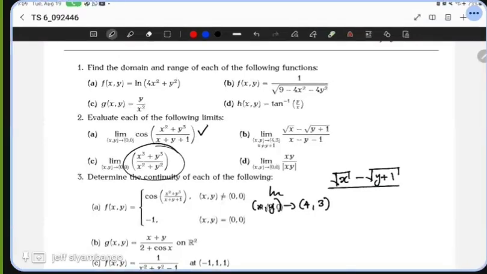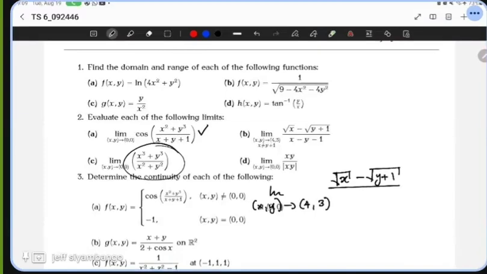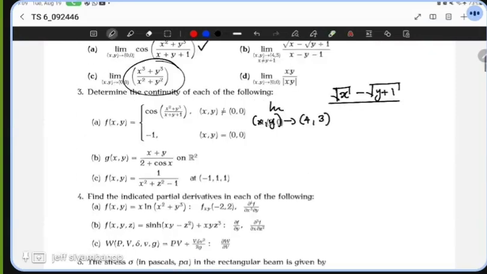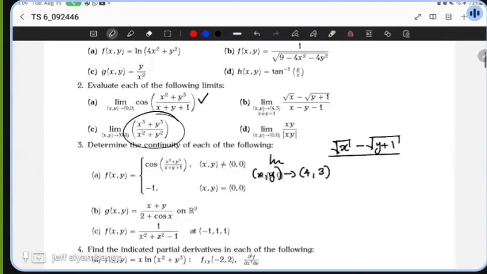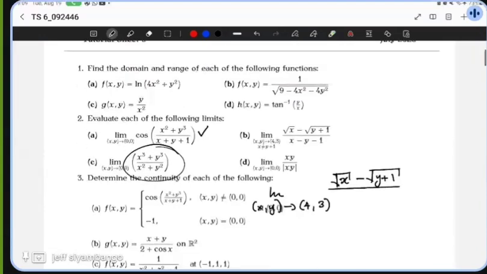Okay, so what do we have? We can pick, let me see, do we have the ones that require us? You have to be very careful here. Some of these expressions, if simplification cannot work, then we have to see if we can show that the limit actually doesn't exist.